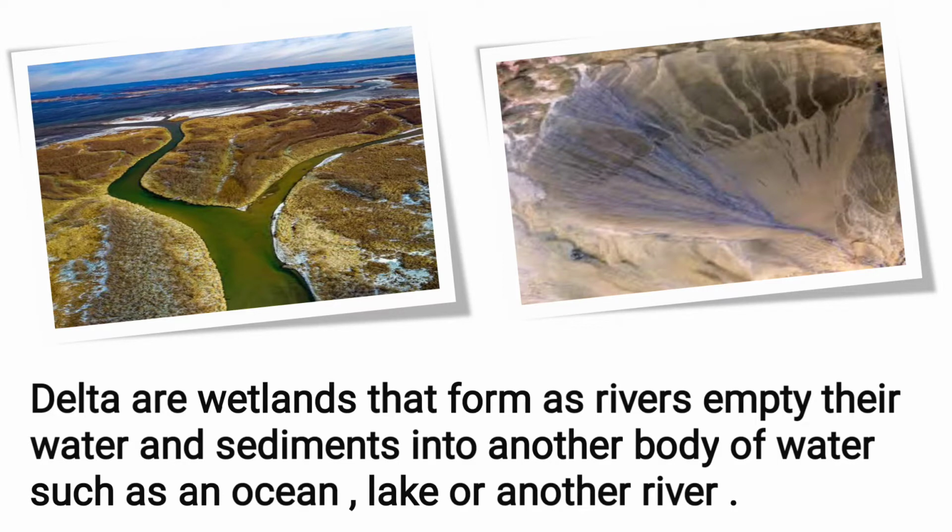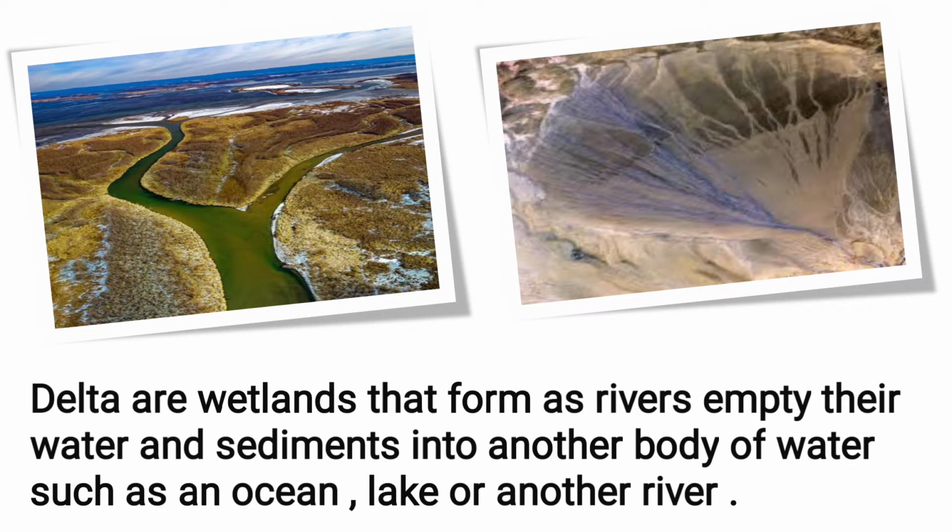It deposits all its sediments and meets the larger water body like a sea or an ocean, and the sediments block the mouth of the river and it gets distributed into various branches, as you can see in the picture on your right hand side. And it is making a fan like structure, and these are known as the distributaries.